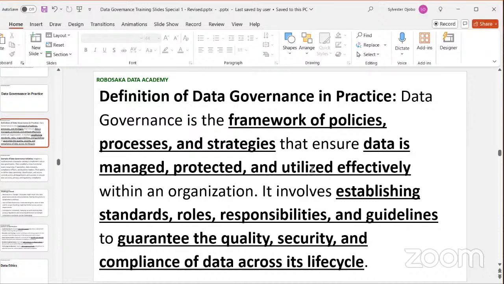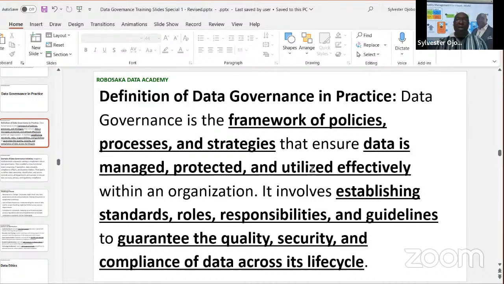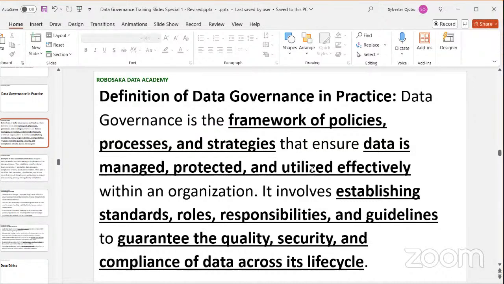And strategies. Can somebody tell me the meaning of strategies? Long-term plan. Long-term, that's very good. If a plan is not long-term, it will be short-term. Now, what is that referred to? Tactical.